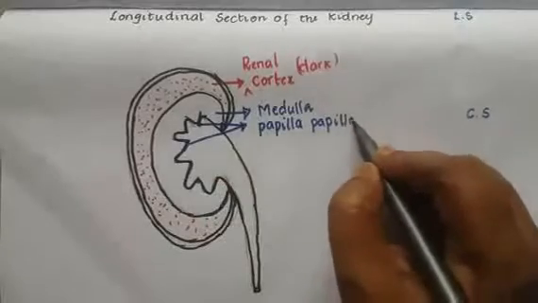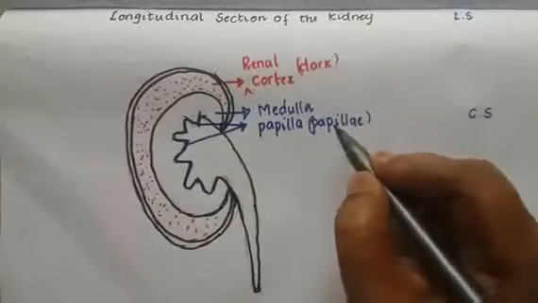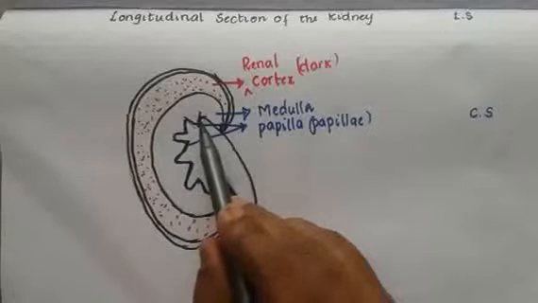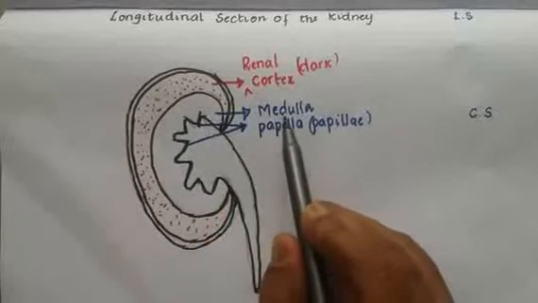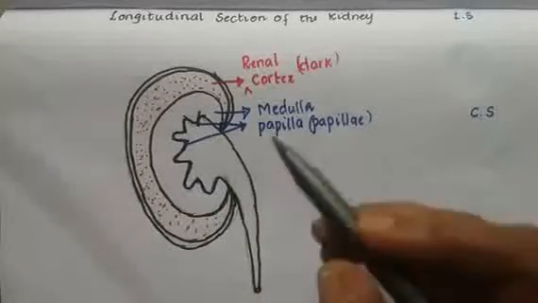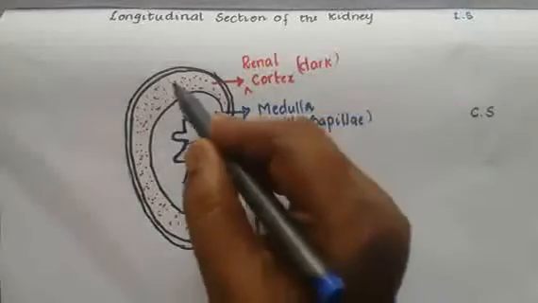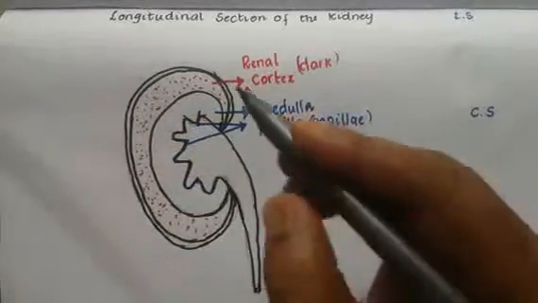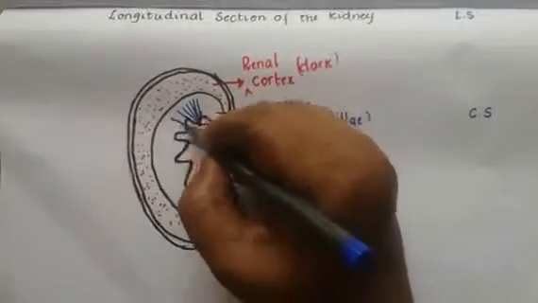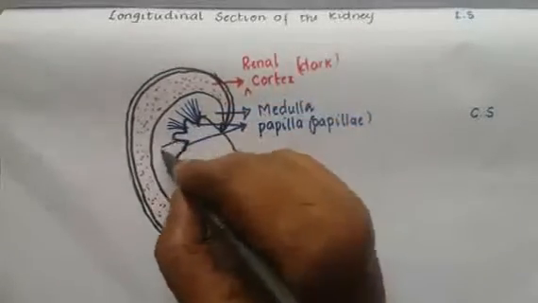So what are papillae? Papillae are the apices of the pyramid-like structures found in the medulla. Then how do you identify the medulla? As we have seen that the renal cortex has a dotted appearance, the medulla has a striped appearance.